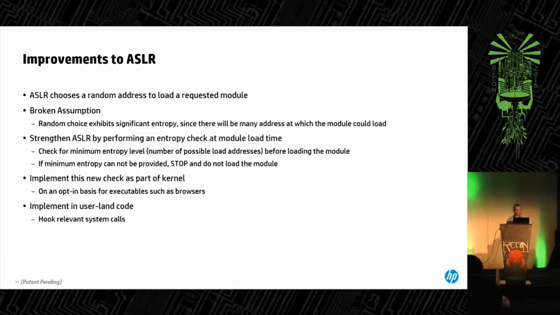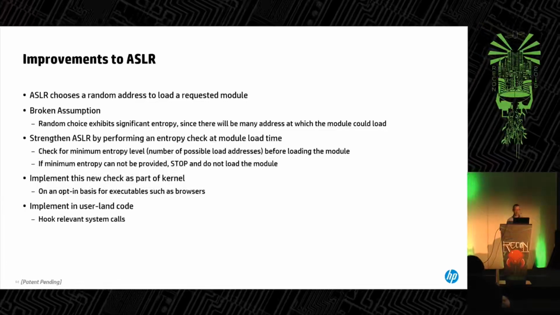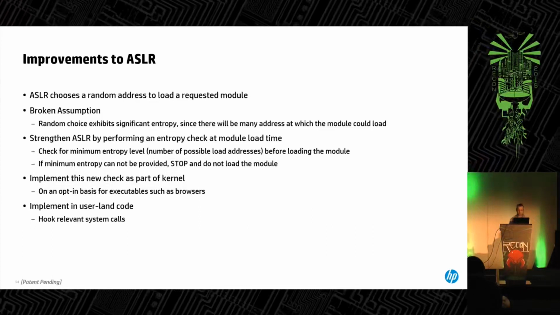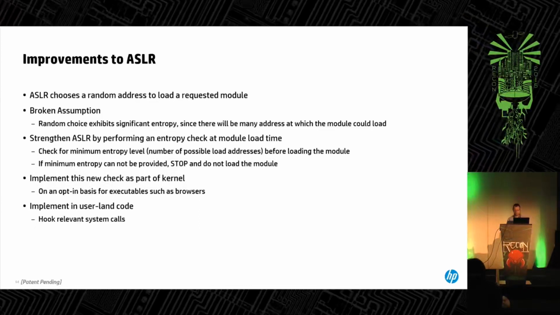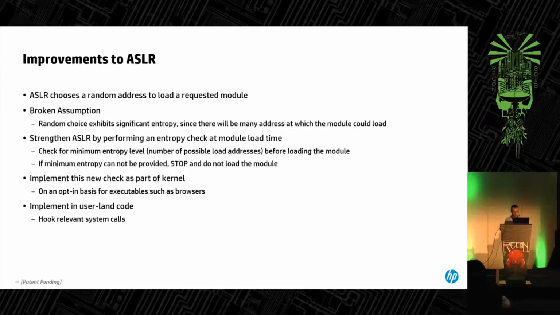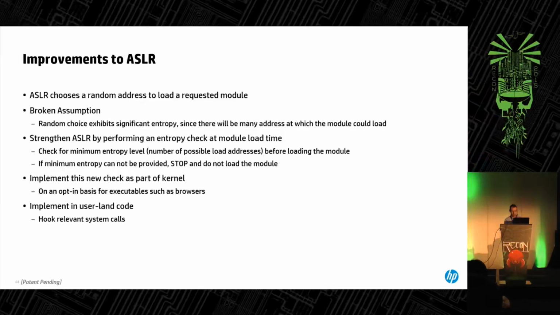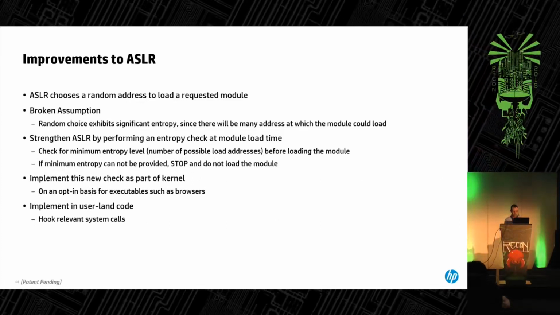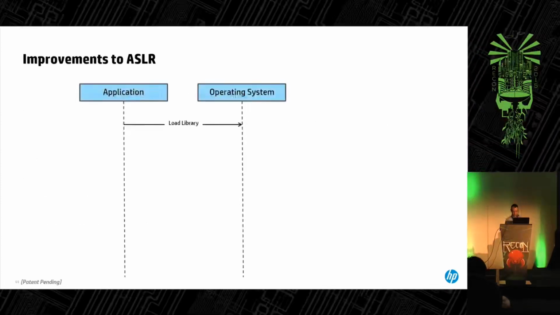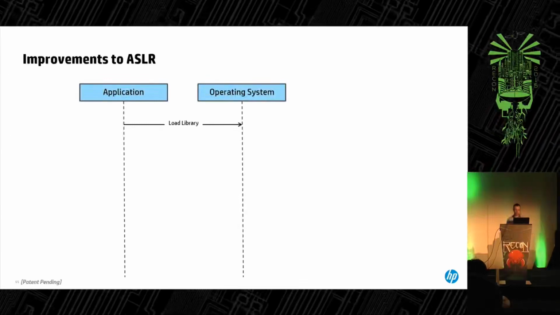Ideally, this mitigation would be implemented at the kernel level, and it could be made available on an opt-in basis for executables such as browsers, which are a more hostile environment, as we mentioned. It would also be possible to implement this mitigation in user land code at the application level by hooking the relevant system calls. Here's a quick sequence diagram showing how the entropy check works.